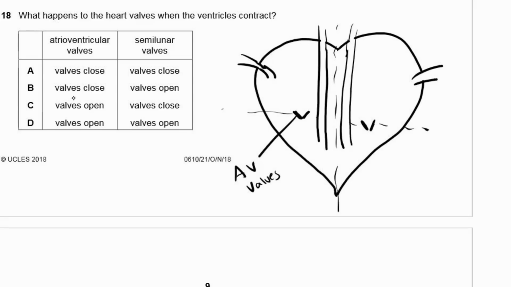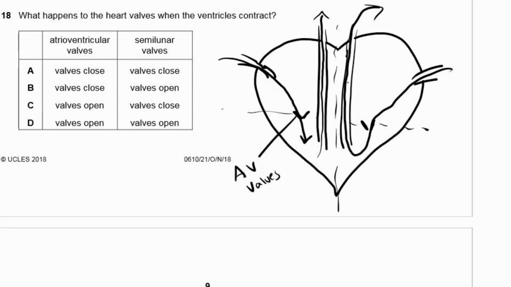Okay, so we're talking about when the ventricles contract. So the blood goes in here. And when the ventricles contract, they're pushing the blood out through those vessels, in here, and then out through that vessel. Okay? In these 2 vessels here, those are the semilunar valves.